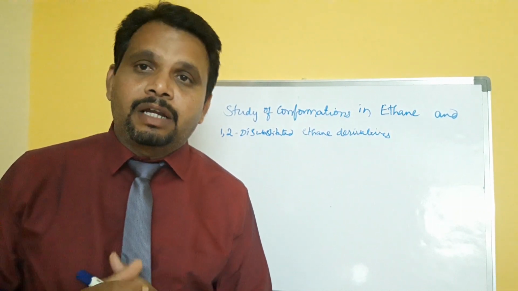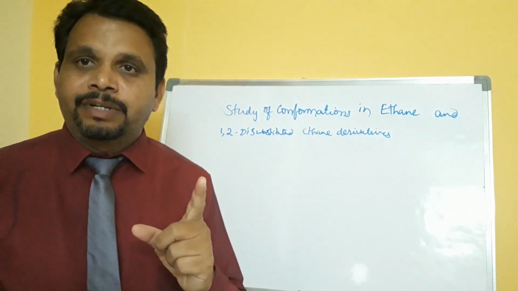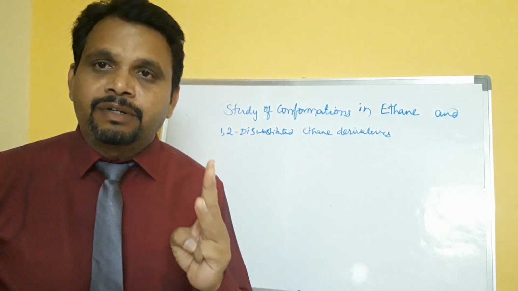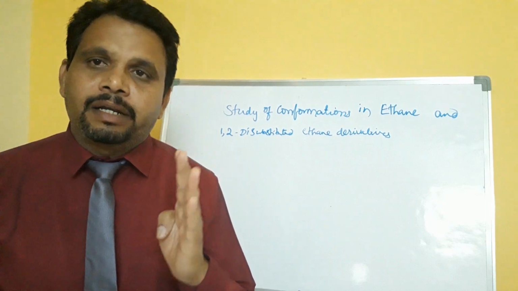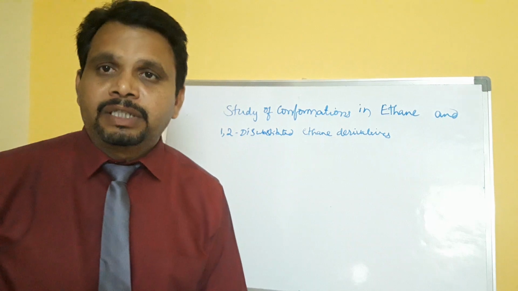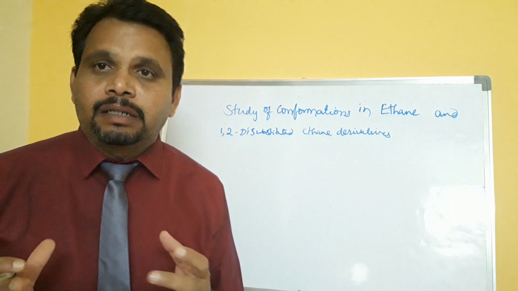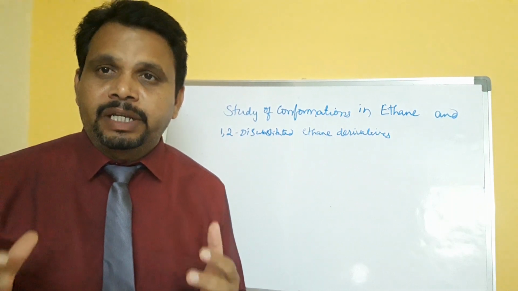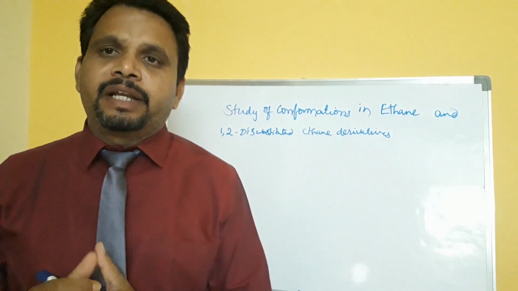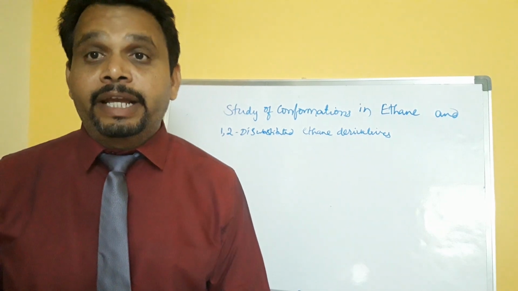Before that you can also have the partially eclipsed conformer. So fully eclipsed, partially eclipsed, gauche or skew, and staggered or anti. These are the four conformers possible with n-butane. Among them, the staggered or anti conformer is the most stable, then the gauche conformer, then the partially eclipsed conformer, and the last one is the fully eclipsed conformer.